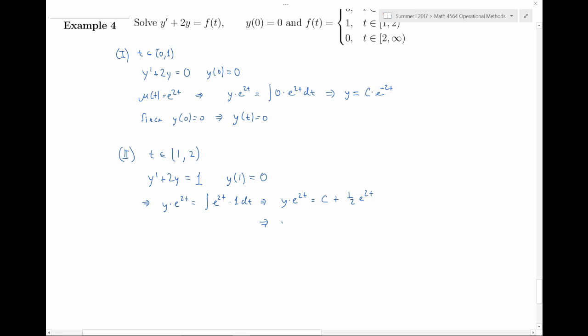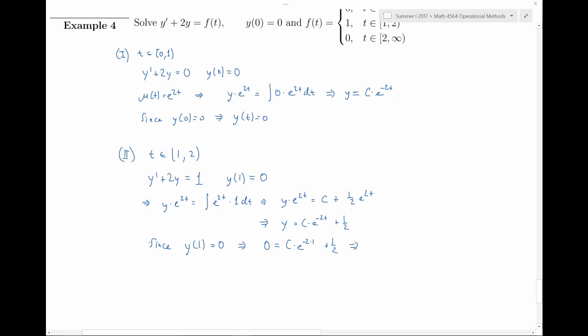Simplifying this leads to y being equal c times e to the minus 2t plus 1/2. Since y of 1 equals 0, we get that 0 should be the same as c times e to the minus 2 times 1 plus 1/2.